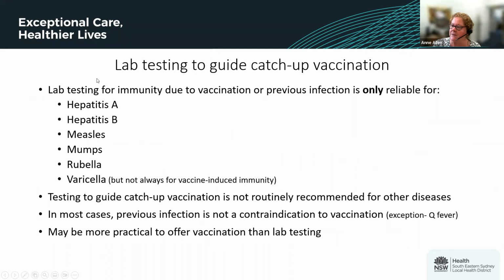Okay, so lab testing. It is an option to test for immunity due to vaccination and previous infection, but it is only reliable for hepatitis A, B, measles, mumps, rubella, and varicella. Now, the varicella is not always reliable.